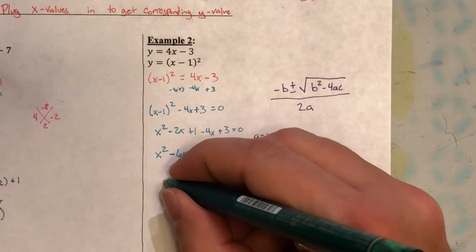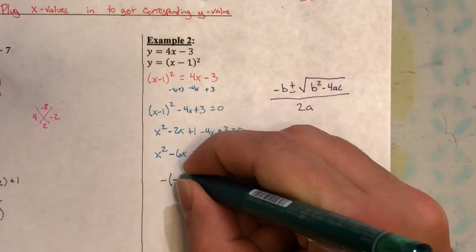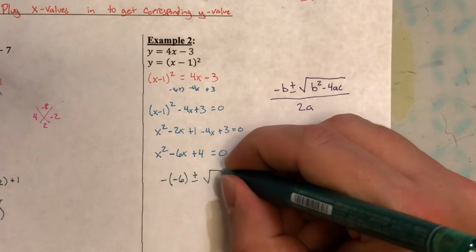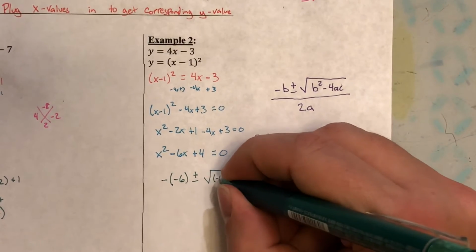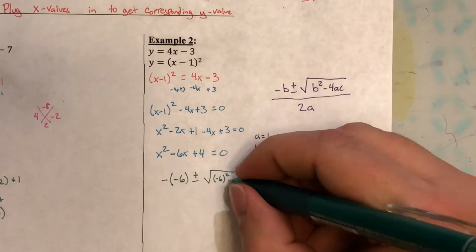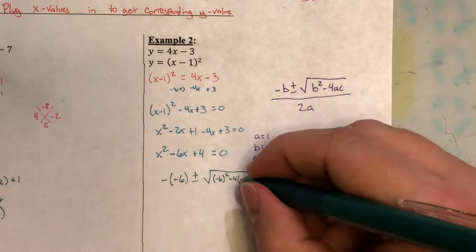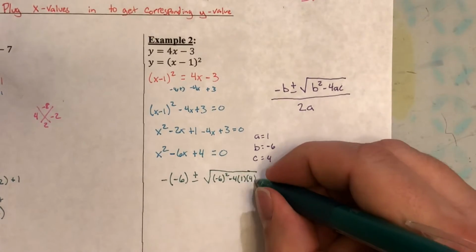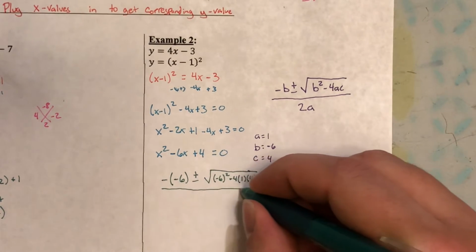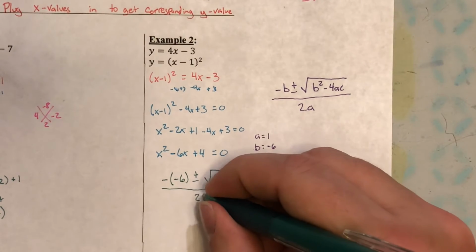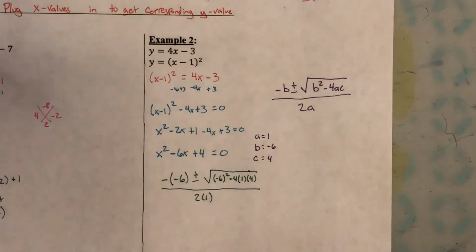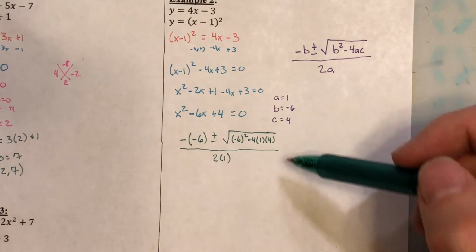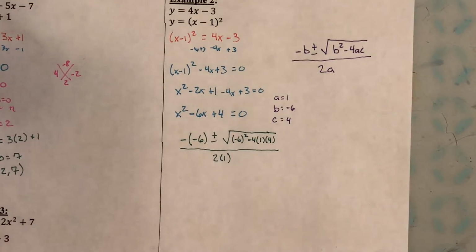So I've got negative 6 plus or minus the square root of negative 6 squared minus 4 times 1 times 4, all divided by 2 times 1. So that's just taking the quadratic formula and putting those values in their proper locations.